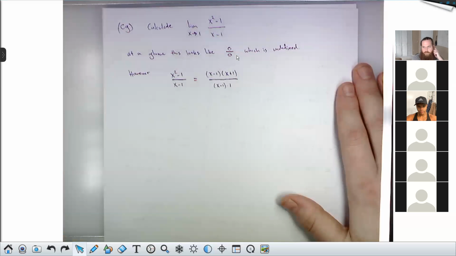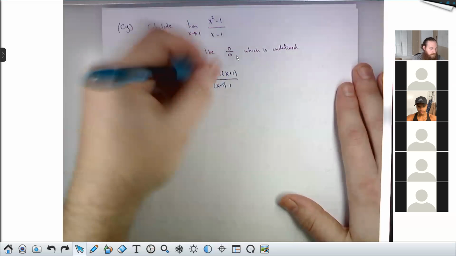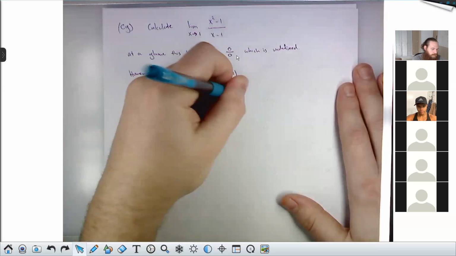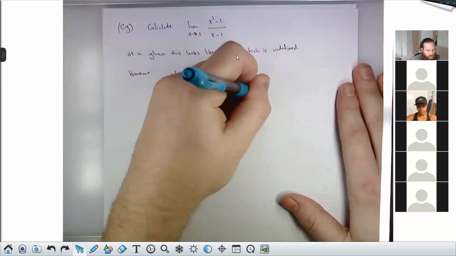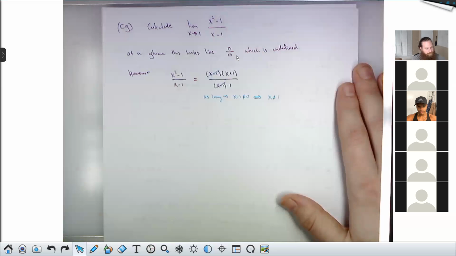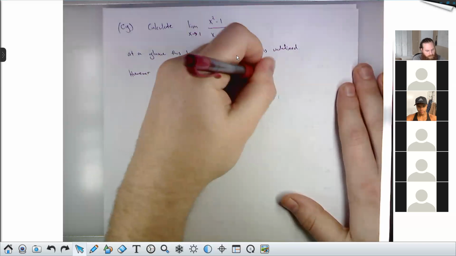This is just algebra. Now I can cancel the x minus 1s as long as x minus 1 is non-zero, i.e. x is not equal to 1. As long as x is not equal to 1, this is the same as x plus 1.